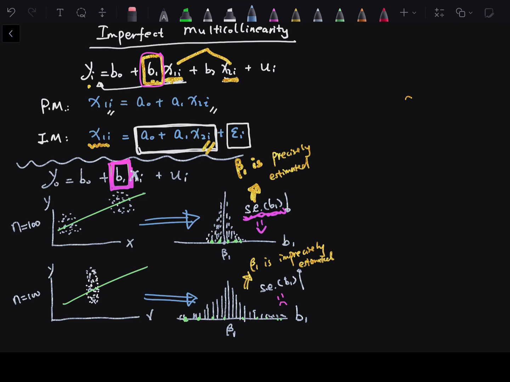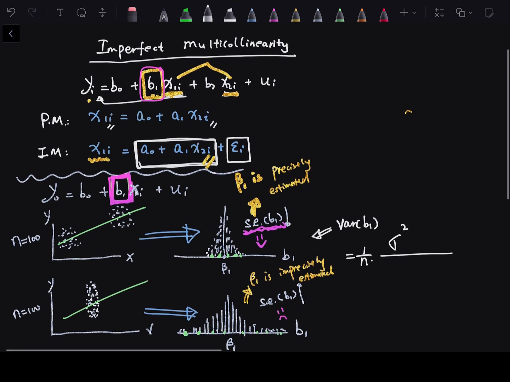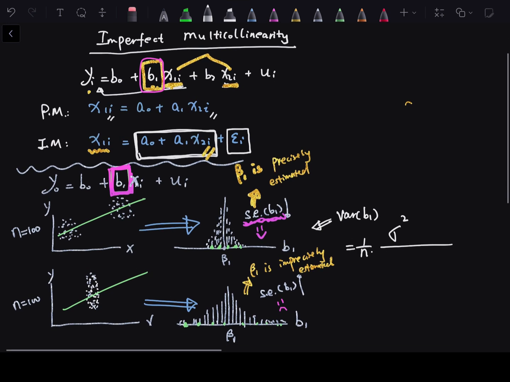So when you have only one regressor, you have this. The variance of B1 equals 1 over n times the variance, sigma squared, of (x minus x bar) times the error, divided by the variance of x squared. This is based on regression with one regressor.